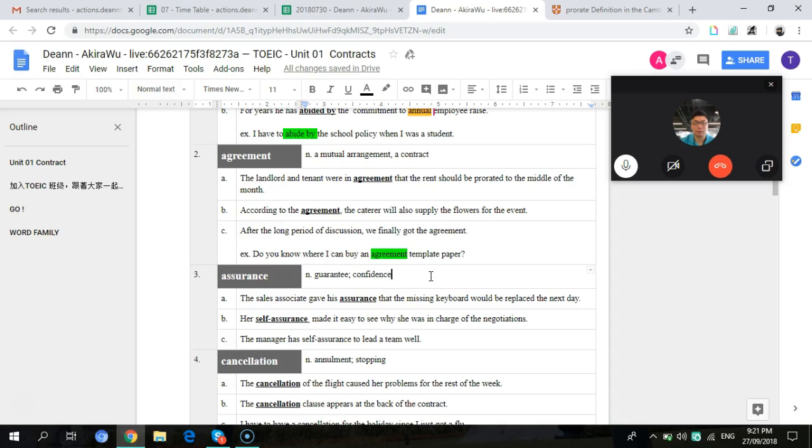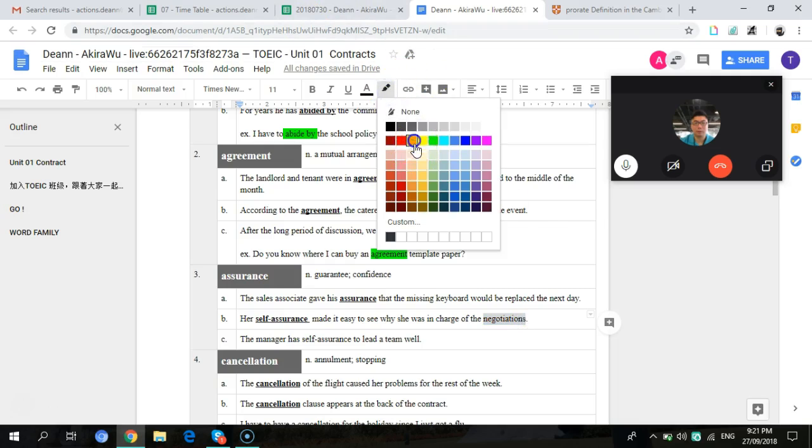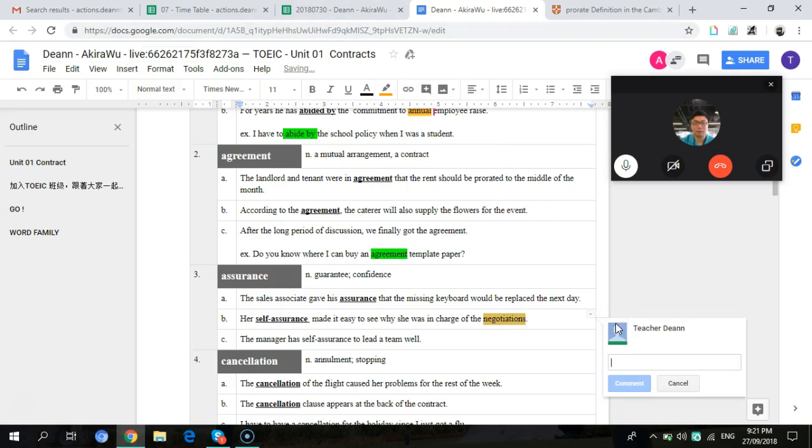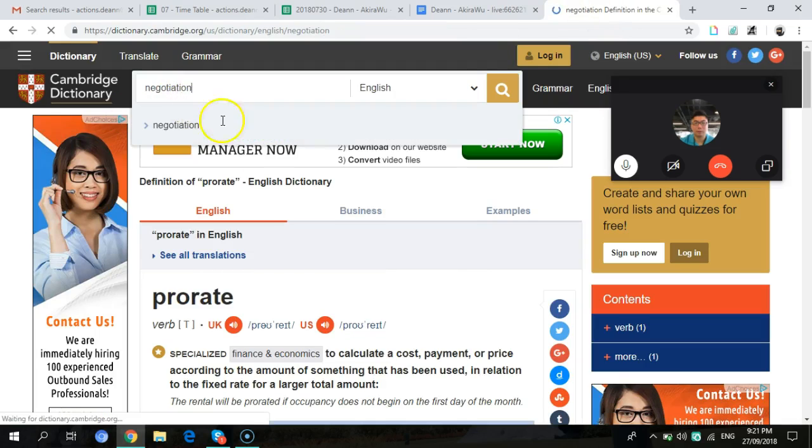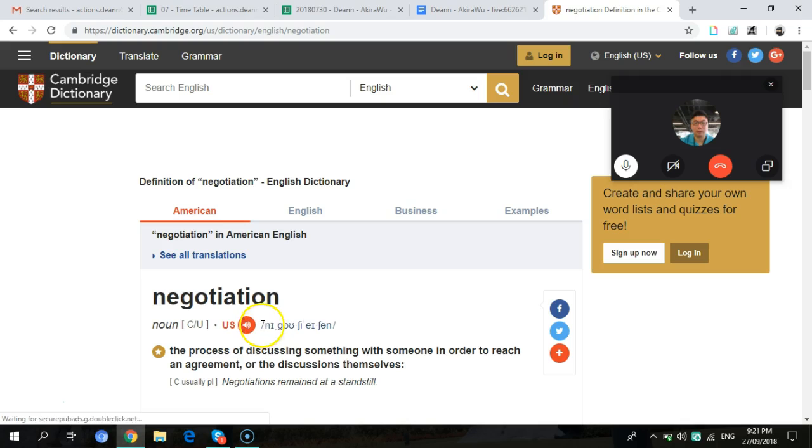Her self-assurance made it easy to see why she was in charge of the negotiations, and the manager has self-assurance to lead a team well. By the way, this word here is negotiation.